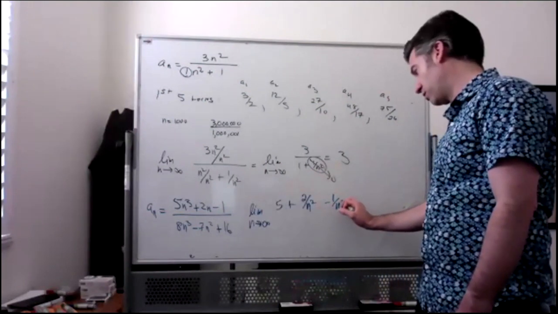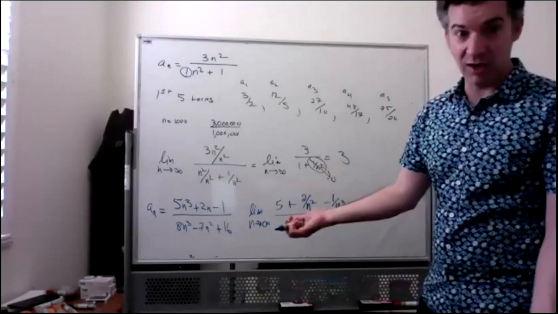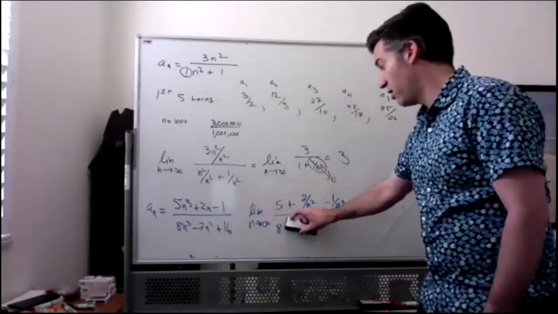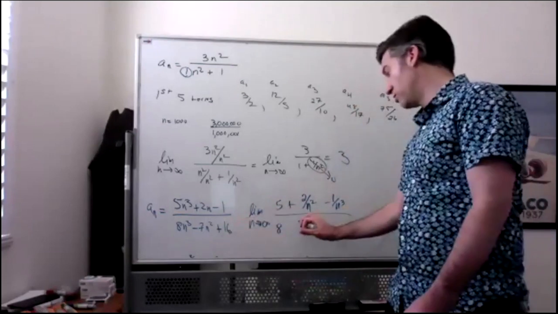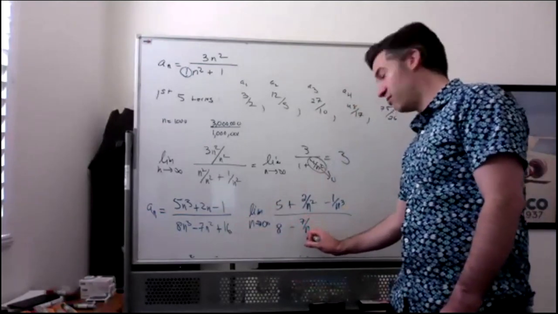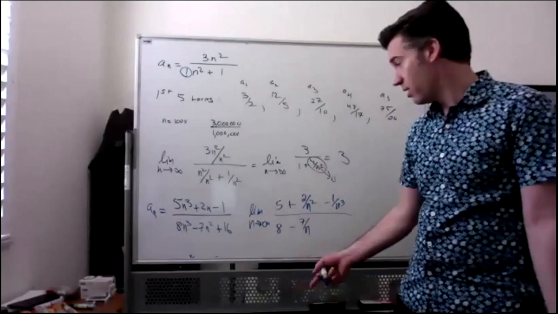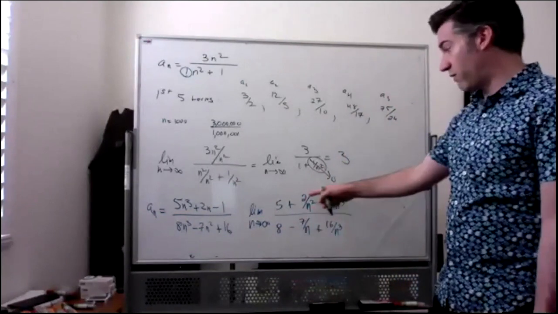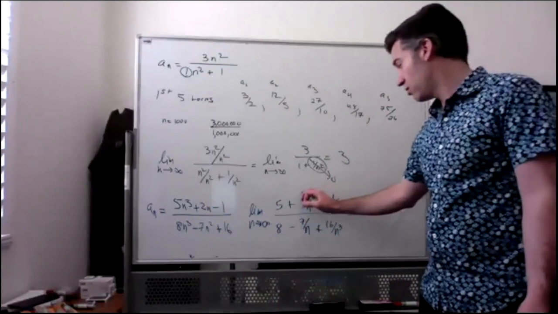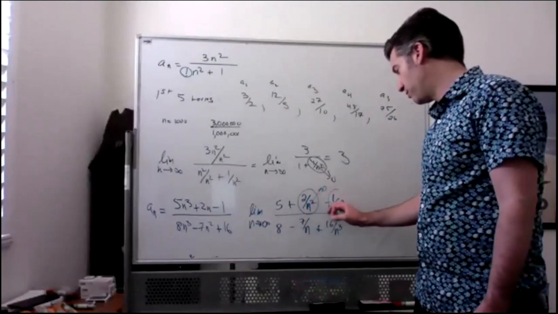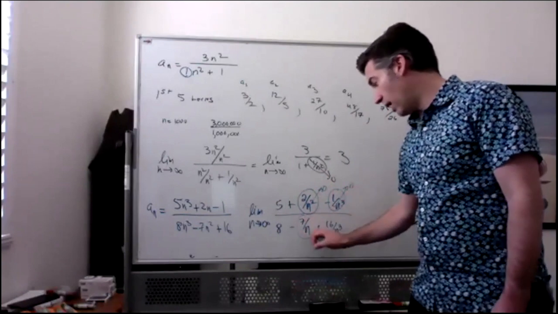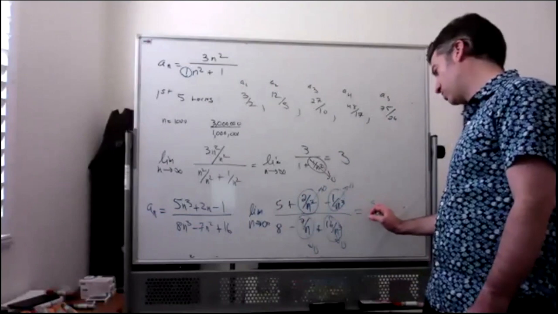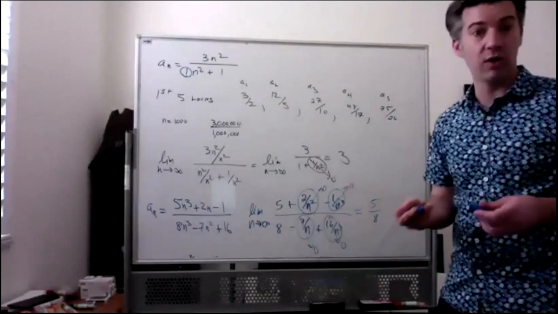On the bottom, 8n cubed over n cubed is 8, minus 7n squared over n cubed is minus 7 over n because 2 of the n's will cancel, and then 16 over n cubed. And any of these things that are divided by n to a positive power are all going to go to 0. I don't think you have to show this work all the time, but if your teacher wants you to show the work, this is one way of showing the work.